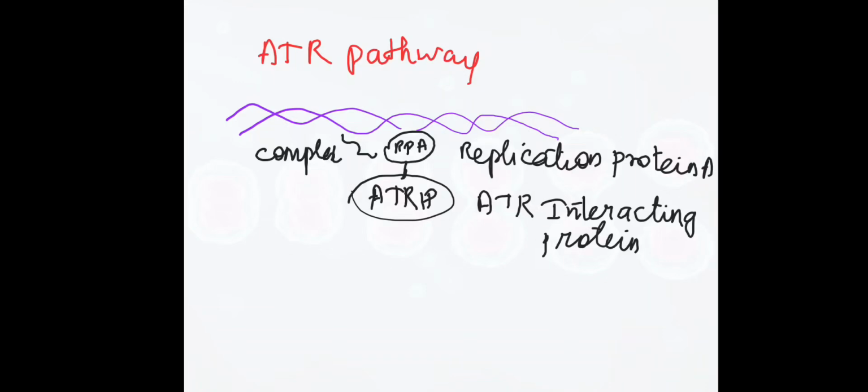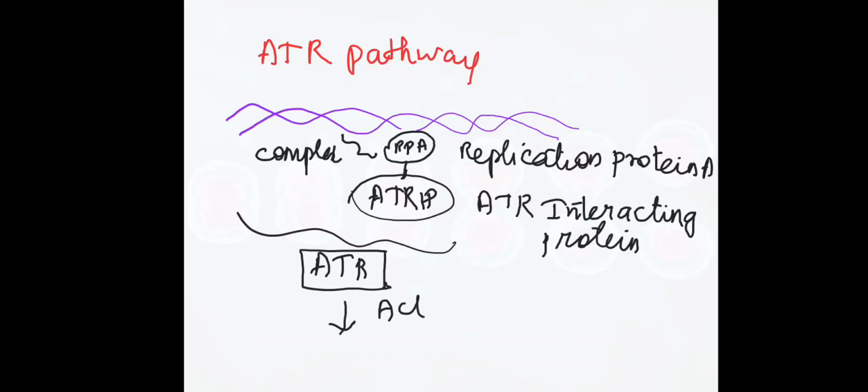ATRIP binds to the RPA single stranded DNA complex in order to recruit ATR. Now this will recruit ATR to single stranded DNA, which activates the downstream kinase.